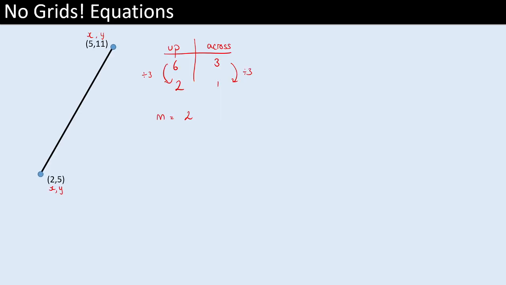But if we have the scenario like we have over here, where we can't see where the y-intercept is, and it would be unreasonable for me to extend the line and draw a grid around it, because that would be silly, I'm actually going to have to use the information that I've been given to work out what this y-intercept will be.